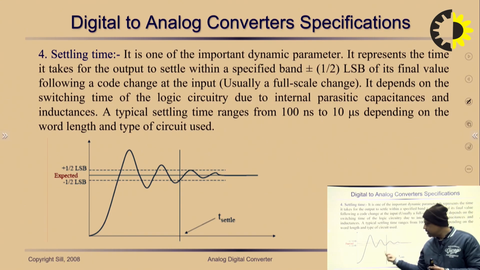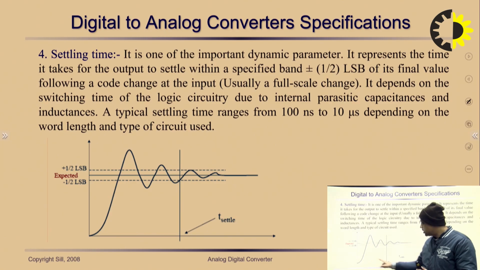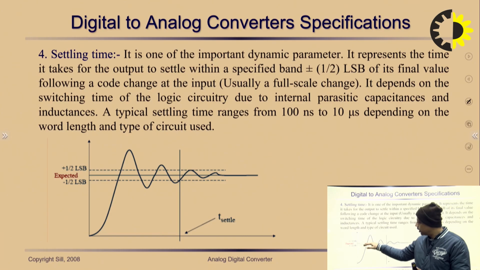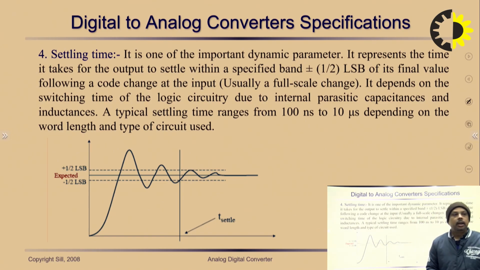So if we see the graph, when the input is applied, this is the expected input, and this is the time scale, and there is a jump over the actual value, and then it goes down and then up and down, and then it becomes settled within a particular limit of plus 1 by 2 LSB to minus 1 by 2 LSB, and this is actually the settling time.